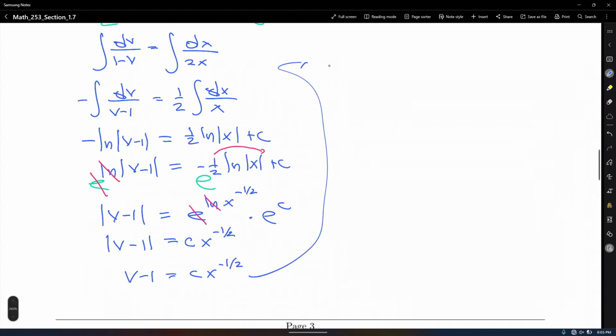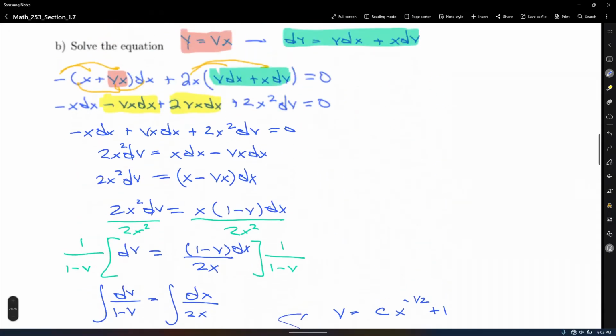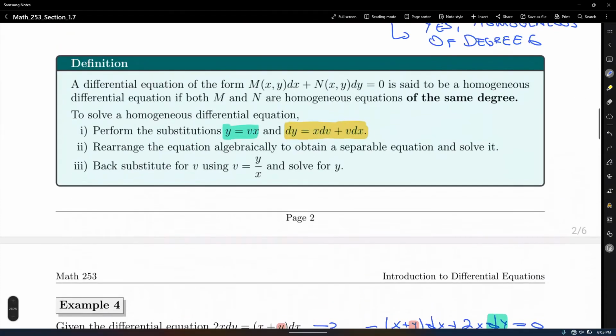V equals cx to the negative 1/2 plus 1. So that's only the solution to the differential equation within the world of the substitution. So we need to go back and substitute. How do we go back? Well, let me go back to the definition we had at the top, in the previous page. We did y equals vx.